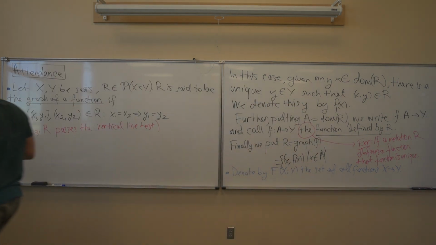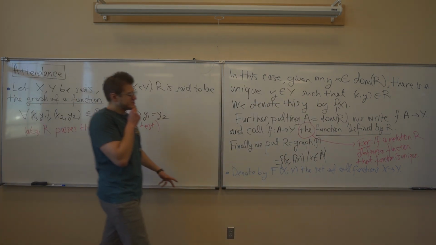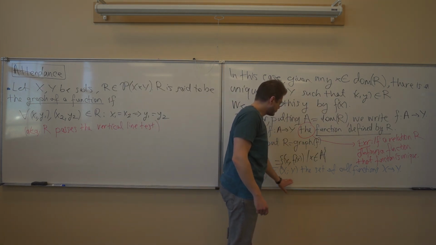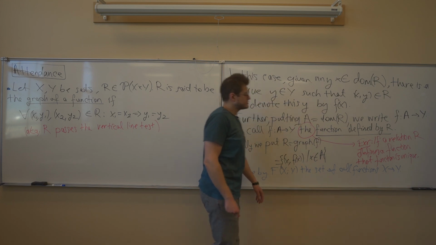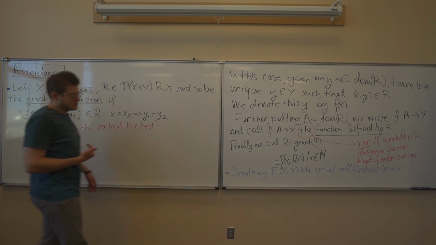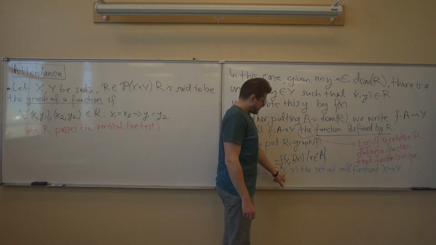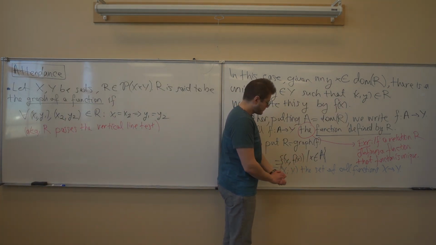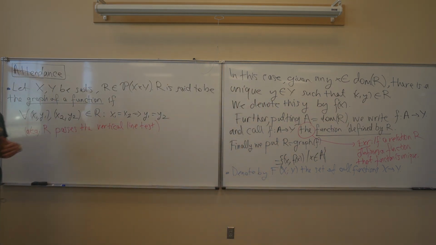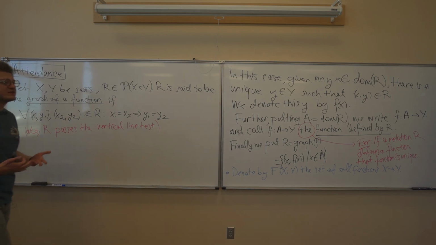I would like to give an example about all this stuff, but let me just say that for the purposes of calculus, it turns out that this set of functions for arbitrary sets is too general. Typically, for our situation, capital X is going to be an interval. Capital Y is typically going to be an interval, or the whole real line. So this is going to be a set of real valued single variable functions.